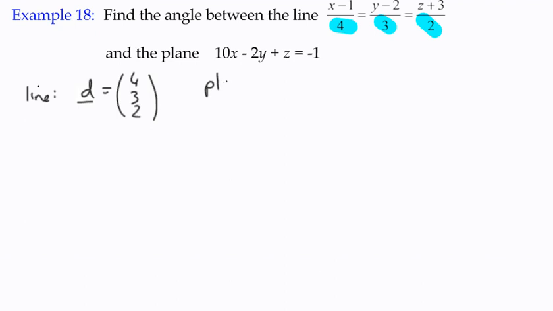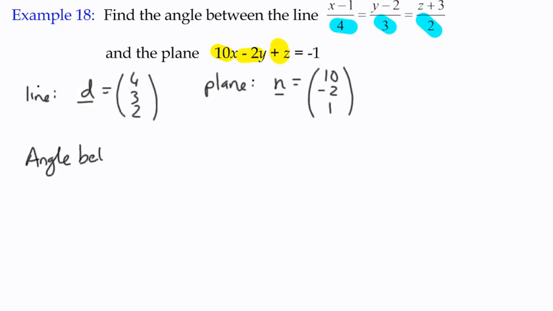And from the plane, we can say that the normal vector is 10, negative 2, and 1. So we can work out an angle for sure, but remember, I'm just going to put angle between the line and the normal, not the plane.